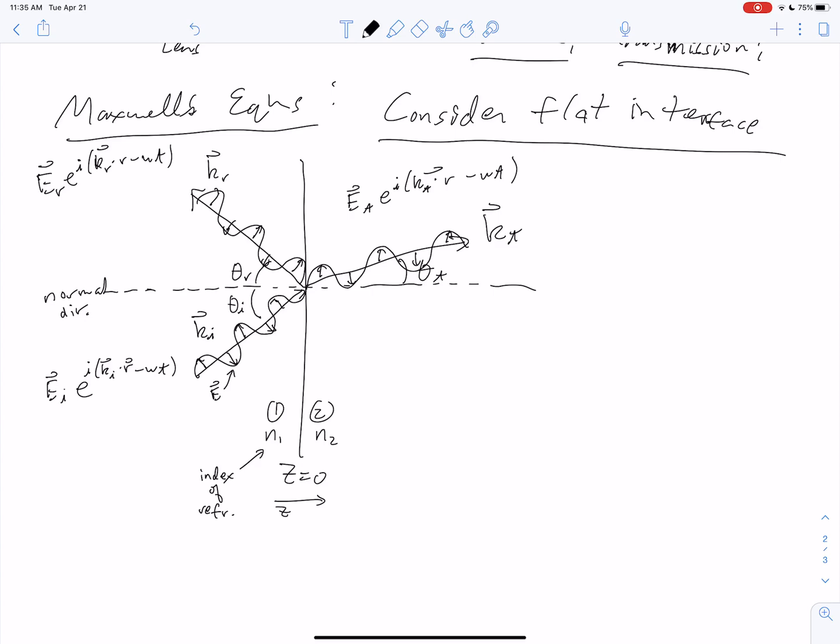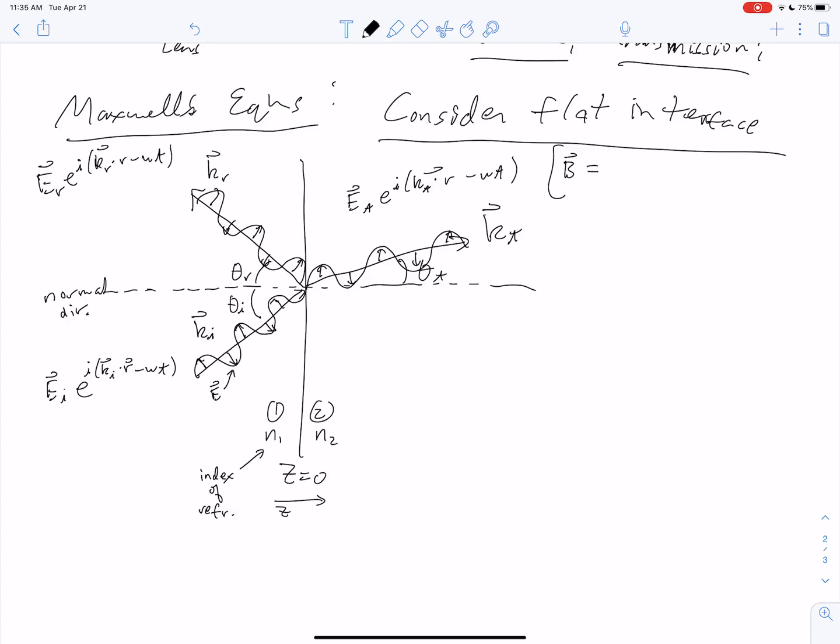And here I'm just drawing the electric fields in this drawing, because we remember that the B fields are easy to get from the electric fields.